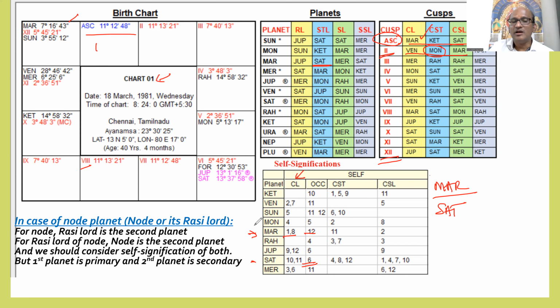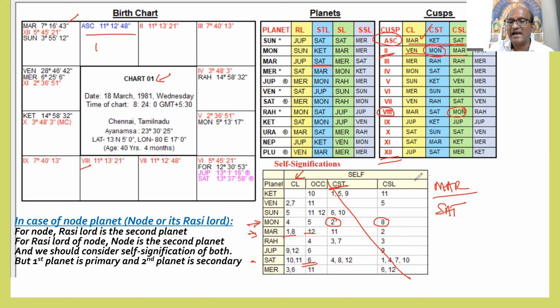Moon has the ownership of the second cusp as cuspal star lord, and Moon is owning the 8th cuspal sublord. So that also we are not taking in the signification. It means CSL and CST significations we are not taking in KP as the significator.